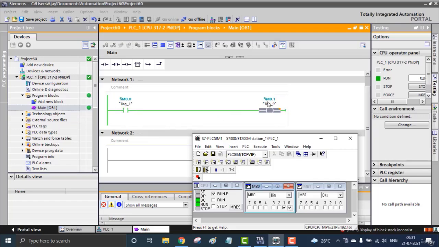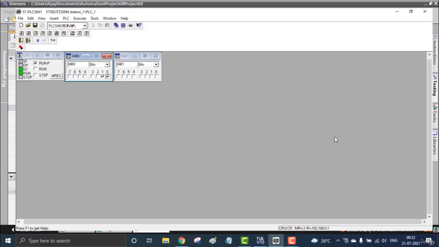See, that turns on M0.1 also. These are the memory bits. These 8 memory bits combine to form a memory byte, that is MB0: M0.0 here, M0.1 here, and 2, 3, 4, 5, 6 up to 7. That means 8 memory bits combine to form a memory byte.